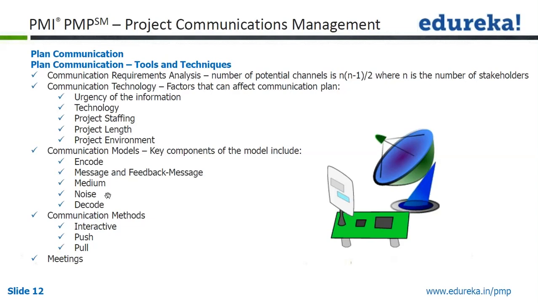Somebody getting disconnected, somebody getting distracted at their location could be a noise. As a recipient, a receiver, you have to decode the message I'm telling and understand, and then only you can feedback a message. This is called the basic communication model, and we'll cover that basic communication model in a subsequent slide.